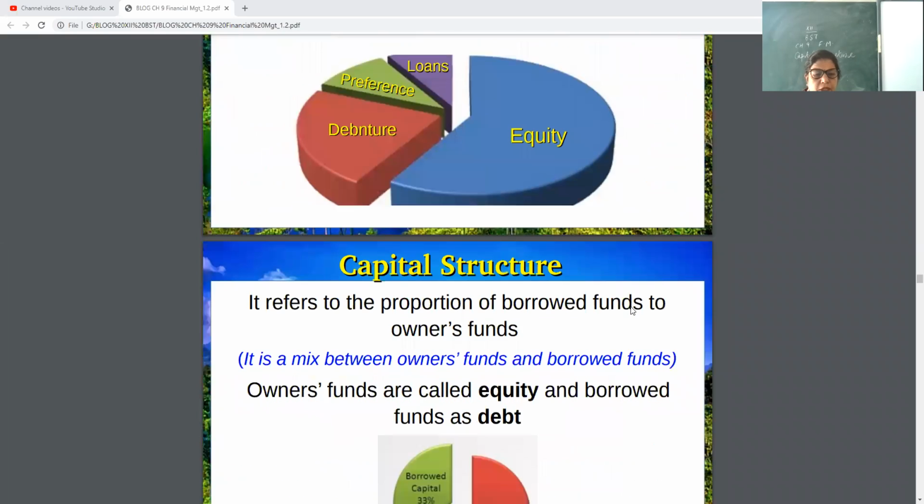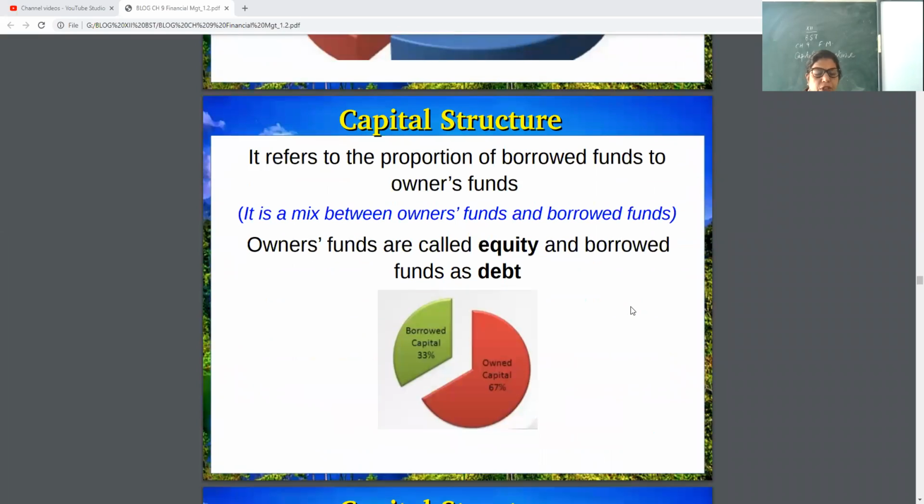Now, capital structure refers to the proportion of borrowed fund to owned fund. Just now I told you, borrowed fund means external sources. Owner's fund means own fund. So it is a mix, a combination of owner's fund and borrowed fund. Owner's funds are known as equity.